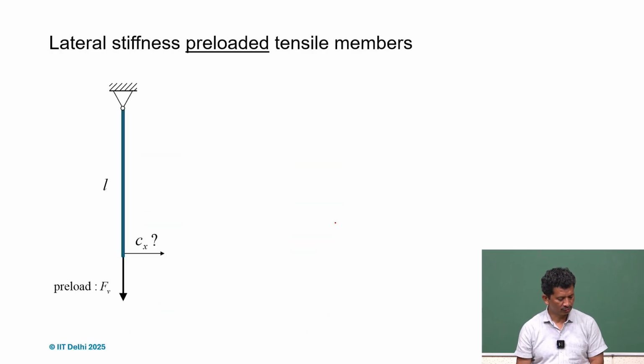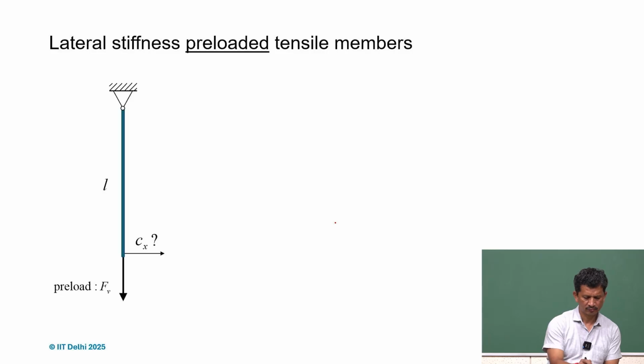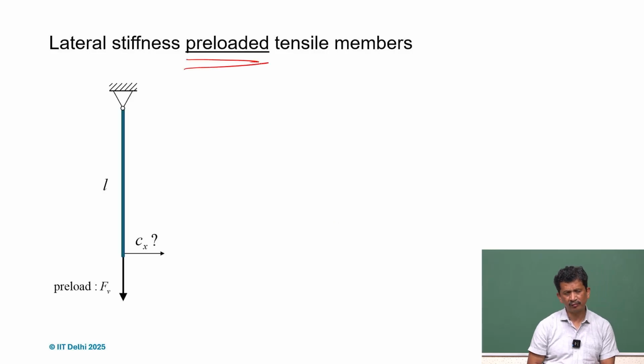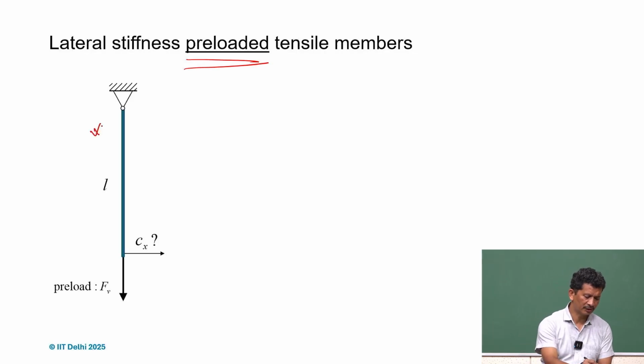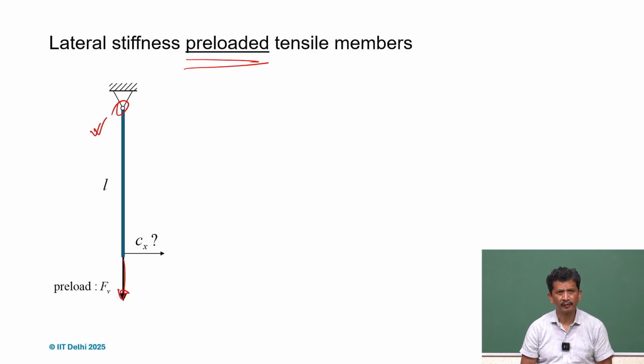Just to get some idea, preloading can also bring negative stiffness in certain directions. Suppose we take a bar hinged at this location and we apply a preloading in the vertical direction, FB.